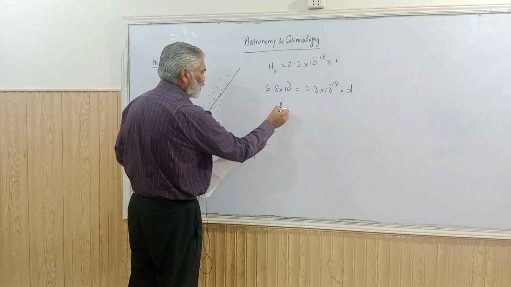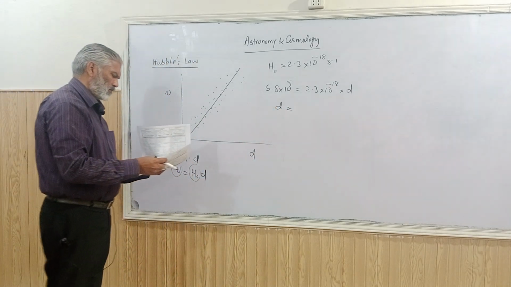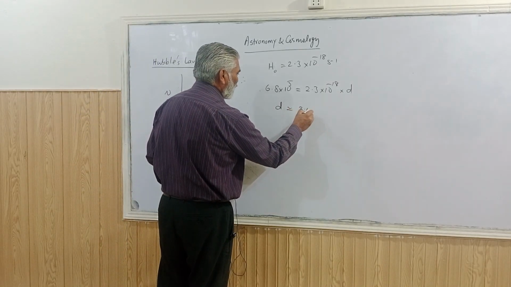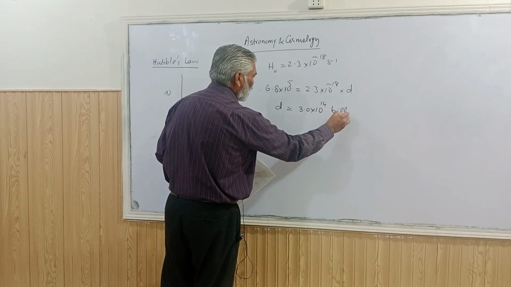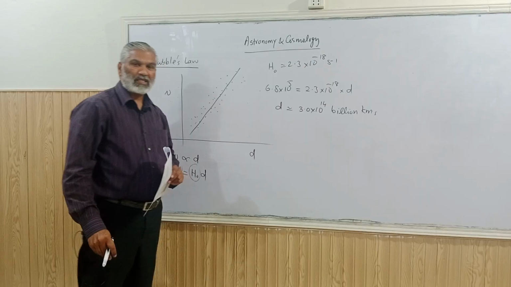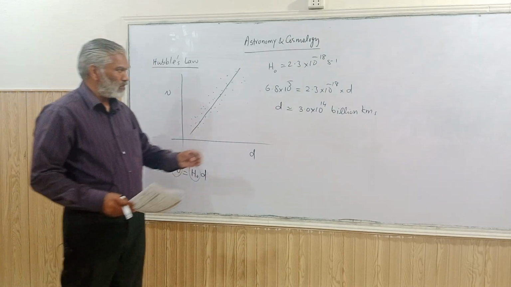D comes out to be approximately 3 into 10 raised to power 14 billion kilometers. So this is the kind of distances we have commonly observed in the universe.